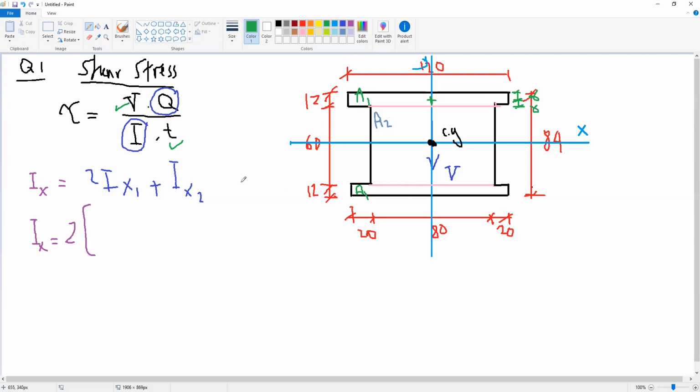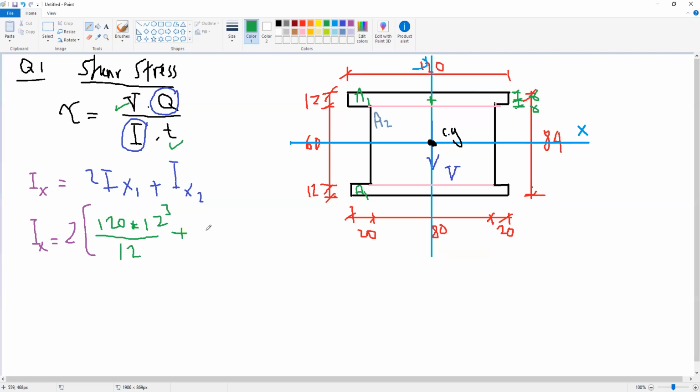So the inertia of the first area will be the dimension parallel to X, which is 120, times the dimension perpendicular to X, which is 12 cubed, divided by 12, plus, because the centroid of area 1 does not coincide with the centroid of the total area, we have the term A times d squared.